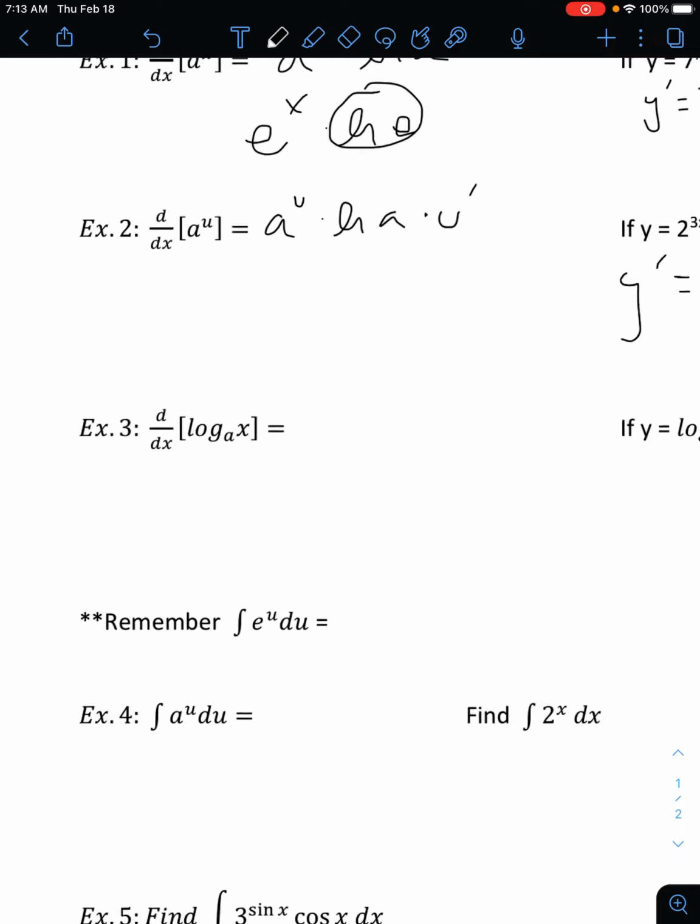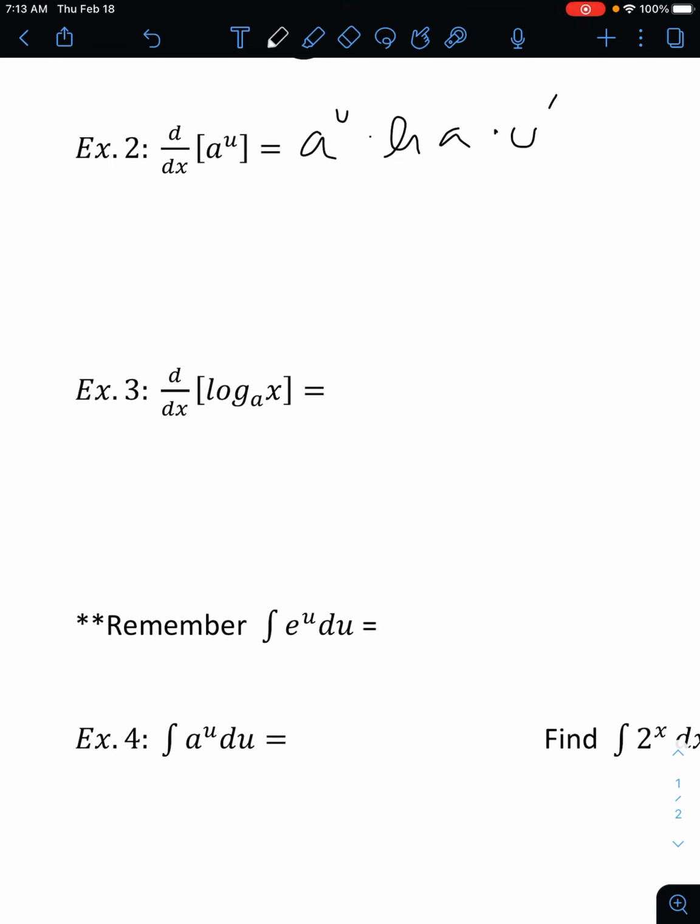That's our derivative. Last time we talked about the derivative of natural log. What if it's a log of something other than base e, so base a? Well, here's our rule. It's going to be 1 over x, just like the natural log of x was. Now here we need to be careful. We are again going to multiply by the natural log of the base, just like the exponents, but it goes on the bottom of the fraction.